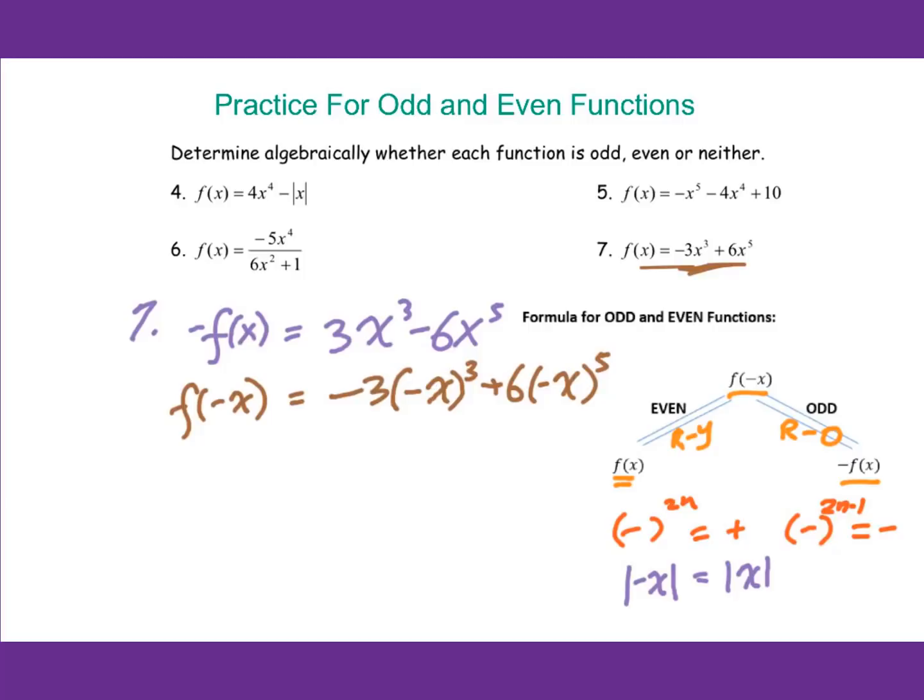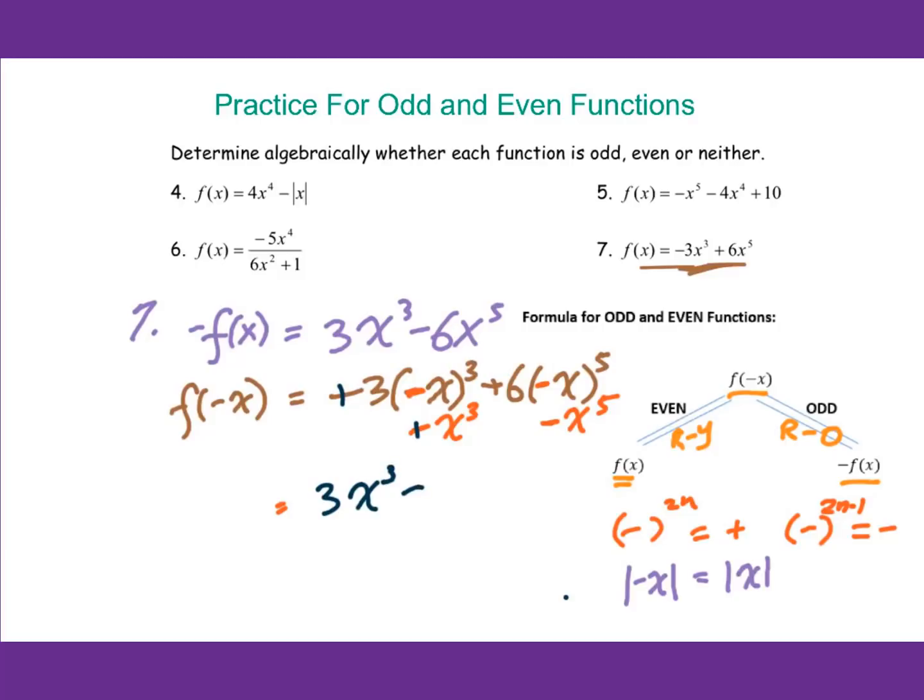We do exponents first. So negative to the third power is still negative, x to the third power. A negative sign to the fifth power is still negative, then x to the fifth power. Then we do multiplication. Negative times negative is positive, so we got 3x to the third power.